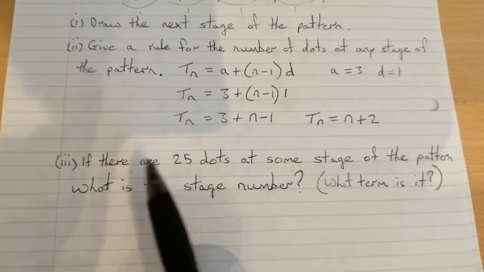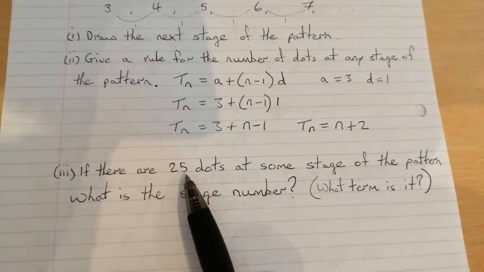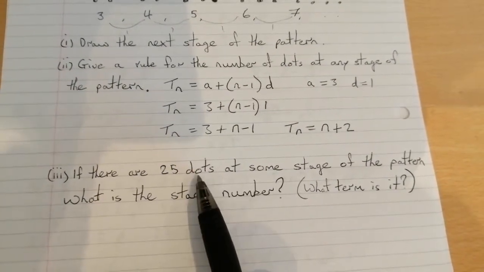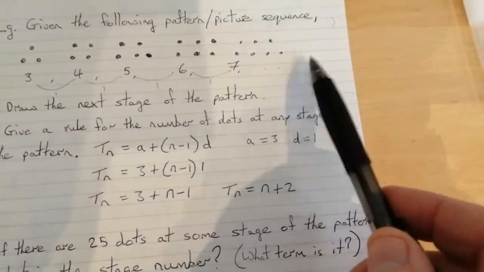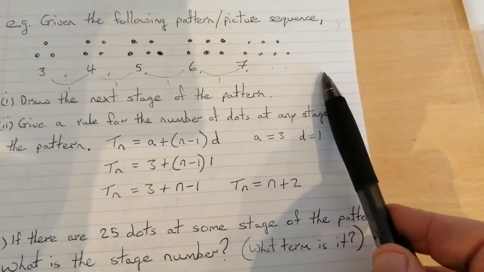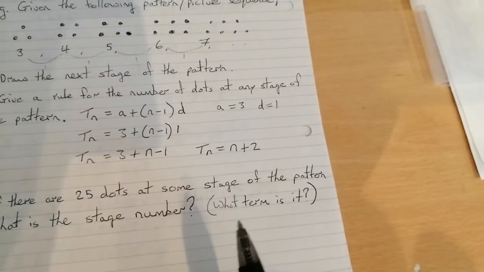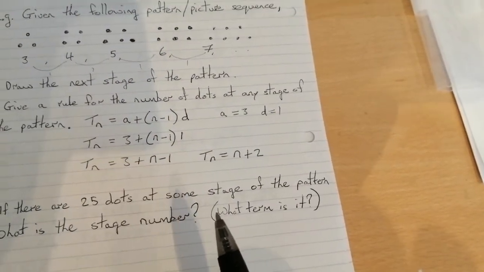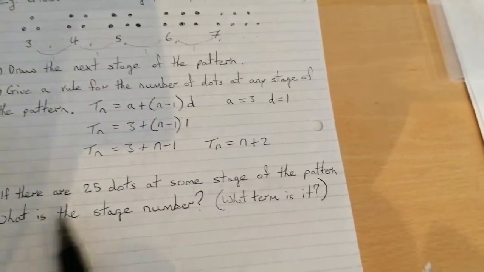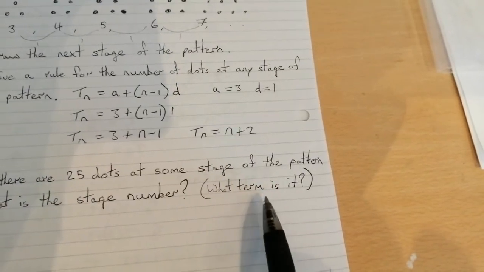Well, in this case, we're doing it backwards. They're telling us what the number is at the particular stage. In this case, the number of dots, 25 dots. So 25 is some number further on in this pattern. So they're giving us the answer, if you like. They're giving us the term, and they want to know what position that term is in. Okay, at some stage of the pattern, what is the stage number, or what term is it? Okay, what position is it?